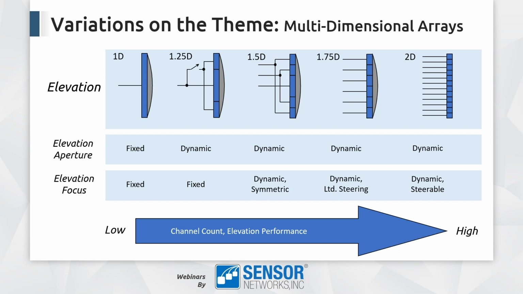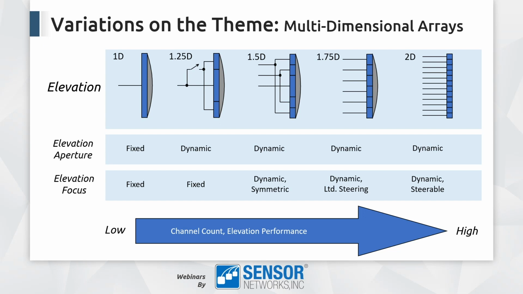So the more typical things that you might see then are, again, moving from left to right, the 1.5D transducer. Here, the elevation is wired in pairs of rows. So essentially, this removes the ability of the transducer to steer in the elevation plane, but it does allow you to focus in the elevation plane, and it allows you to move the focus. So it gives you dynamic control over the elevation and the focusing.